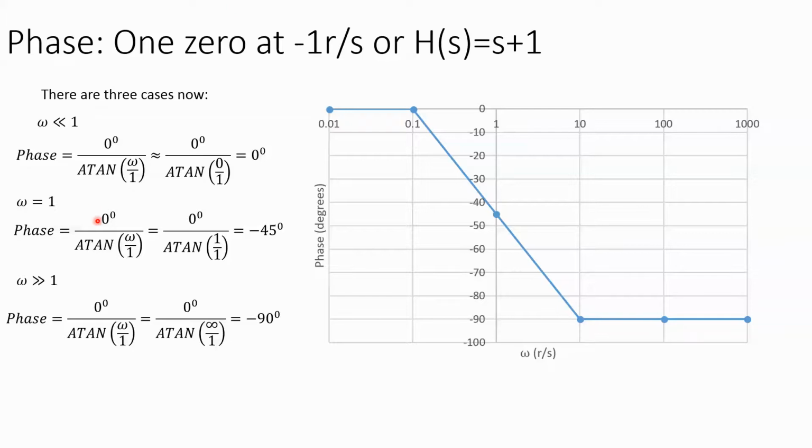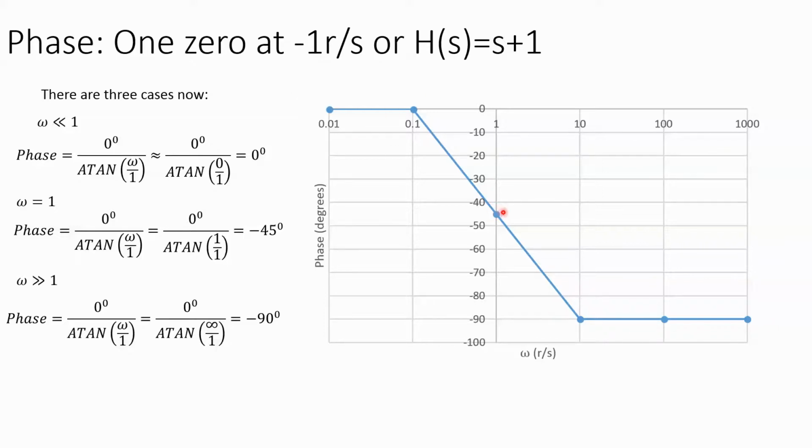The phase, much the same way, is that we always have 0 degrees in the denominator, and so we'll have 0 degrees in the numerator as well, and so 0 minus 0 is 0. Here we have 0 minus 45, which gives us minus 45. This gives us plus 90. 0 minus 90 is minus 90, and you see the plot that we have here.